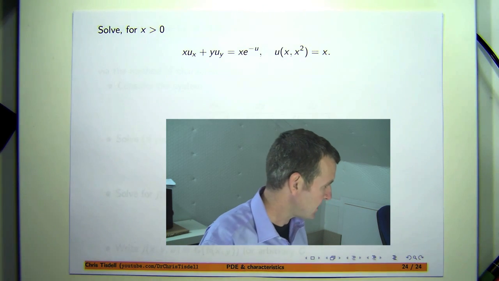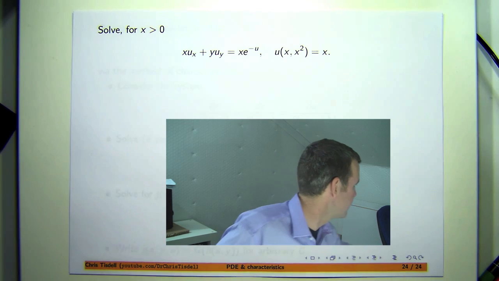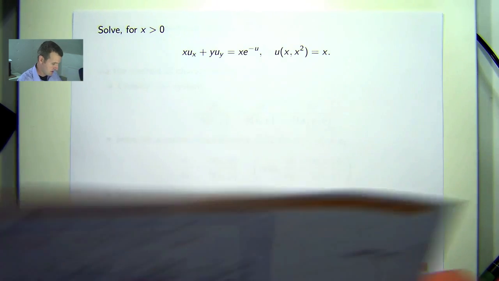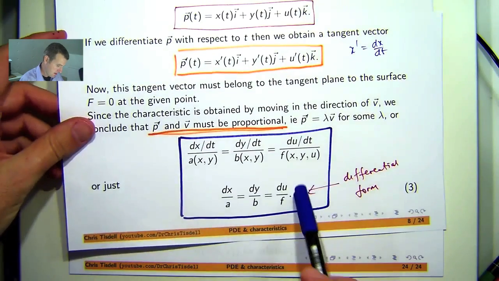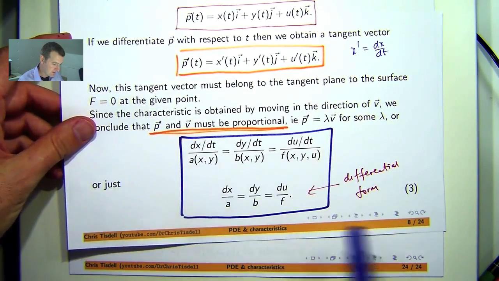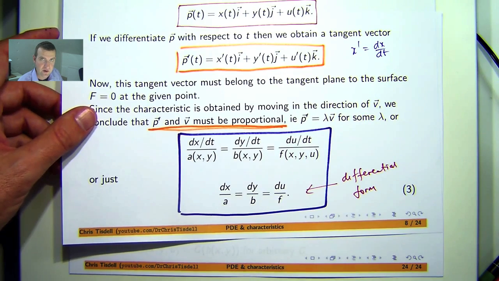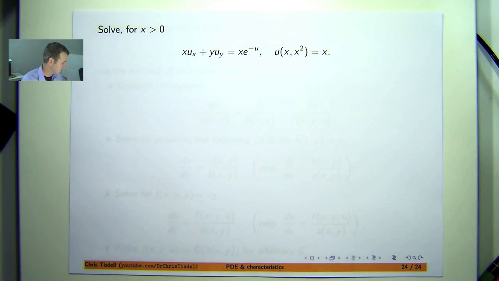So let's return to our system of differential equations, set up 2 differential equations and solve them to form our characteristics, and then we'll look at building the solution to our problem.